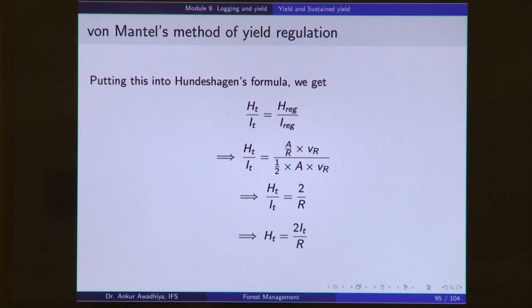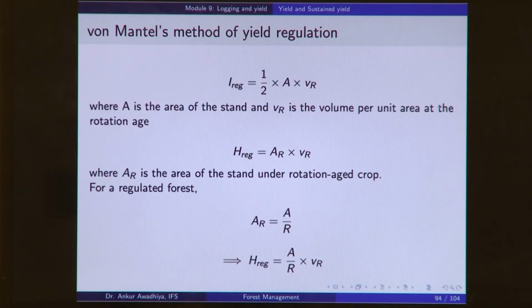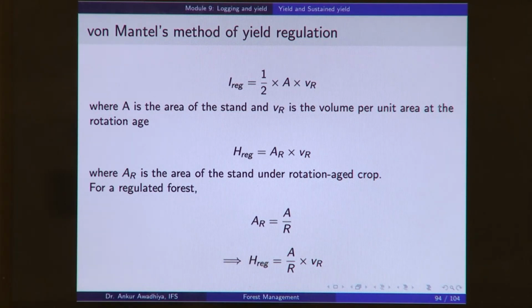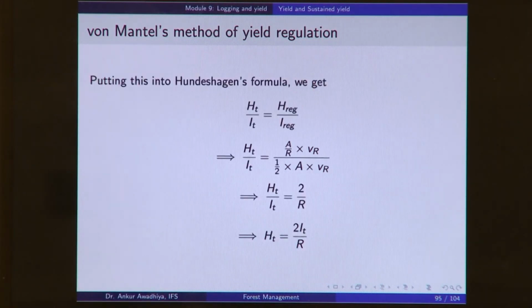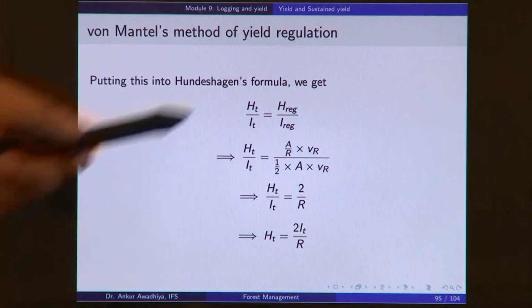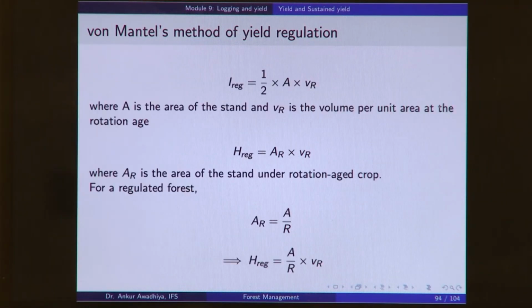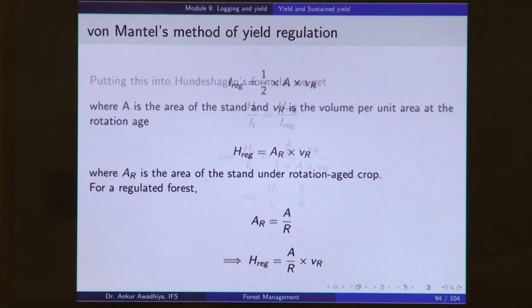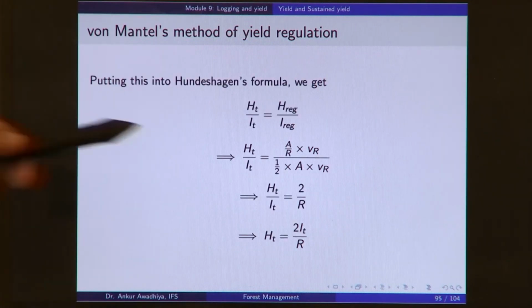Now, H of the ideal forest is what we saw here, A by R into V_R. So, we put it here, A by R into V_R. I of a regulated forest is given by half of A into V_R. So, we put that here, half of A into V_R.